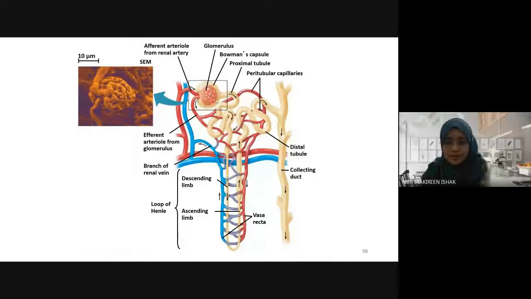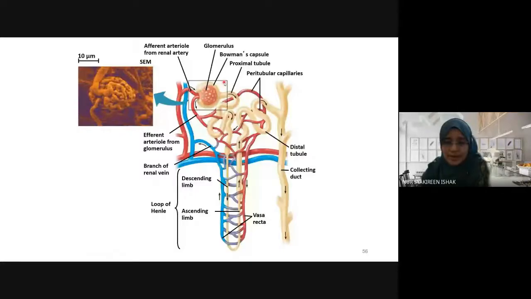So Bowman capsule is the first portion of the tubule for the nephron, and then it enters into the proximal tubule, and then it is highly folded, convoluted, okay, and then it enters into the descending limb of loop of Henle, and then up into the ascending limb of loop of Henle, and then into the distal tubule, and then into the collecting ducts.